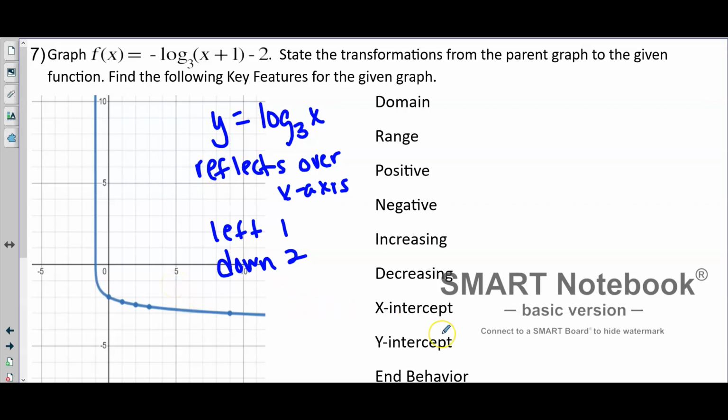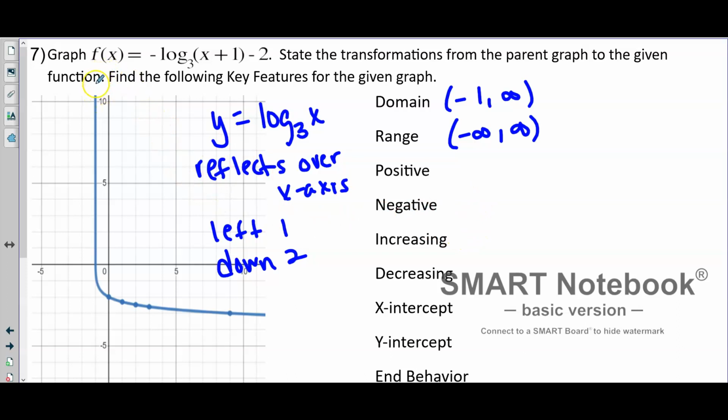Okay, so now to state our key features, remember domain is your x values. So because it shifted to the left 1, it doesn't cross that negative 1. So the domain would be from negative 1 to infinity. Domain goes from left to right. The range, it keeps dropping lower and lower, so that is from negative infinity all the way up to positive infinity. That's your y's that run bottom to top.